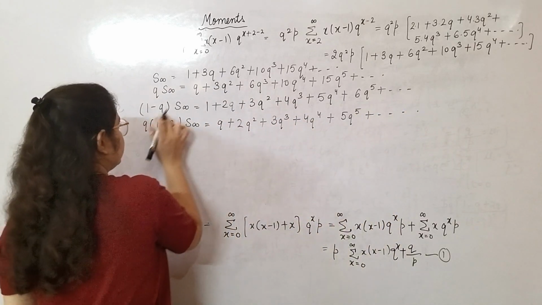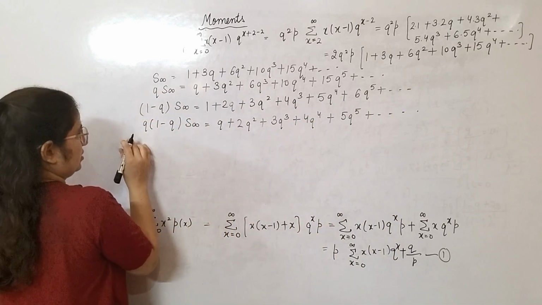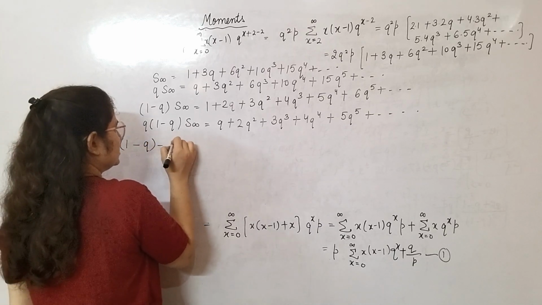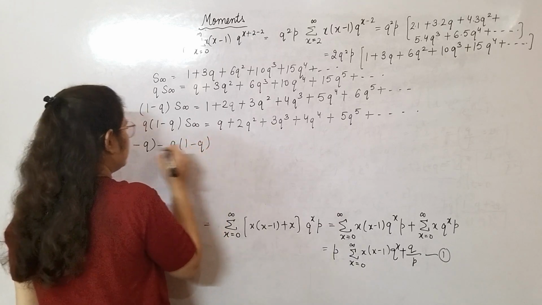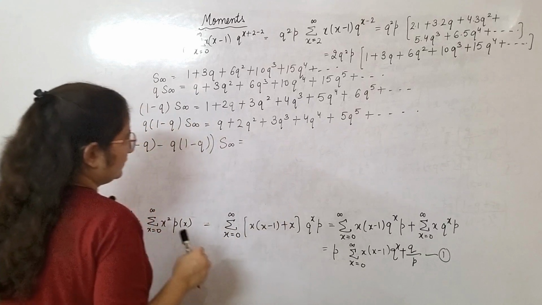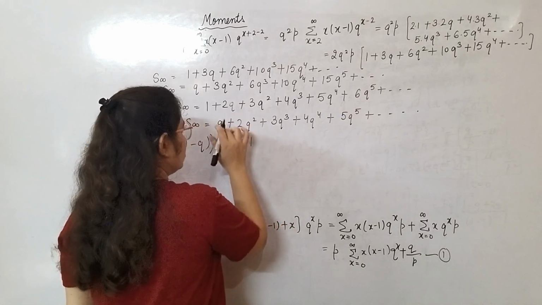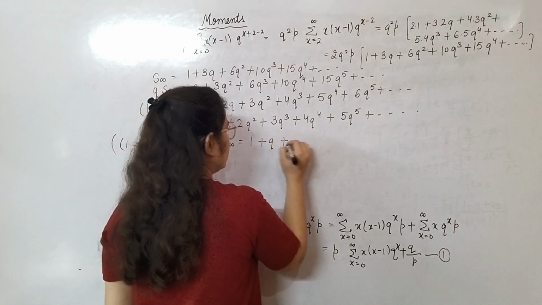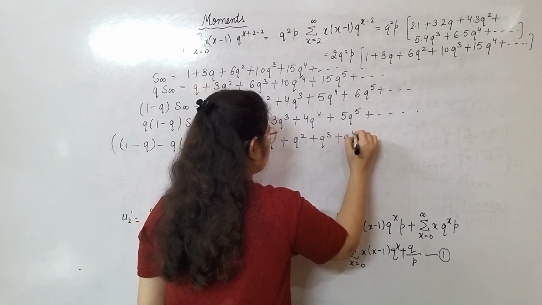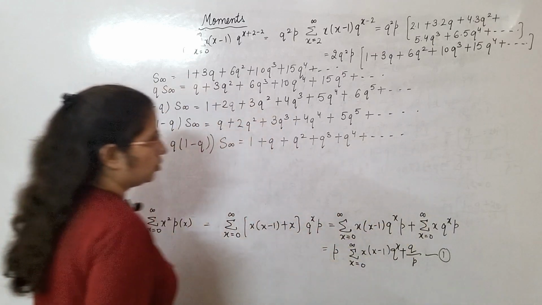So now again subtract from this one. It will be 1 minus q minus q, 1 minus q whole into s infinity. It will be 1 as it is, plus 2q minus q, q square, q cube, q raised to the power 4 and so on.